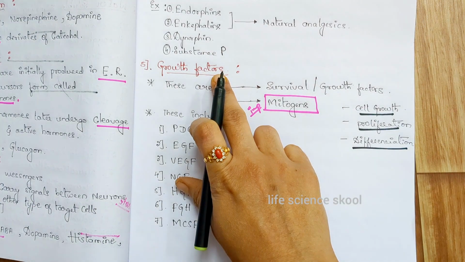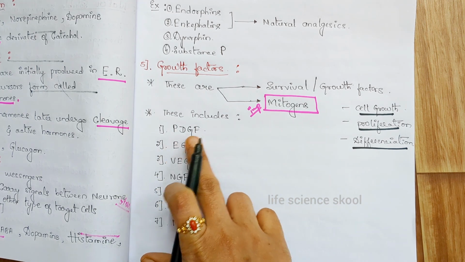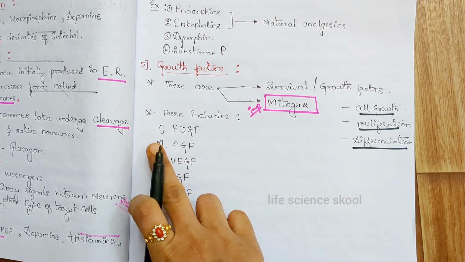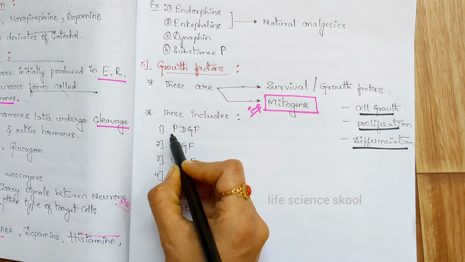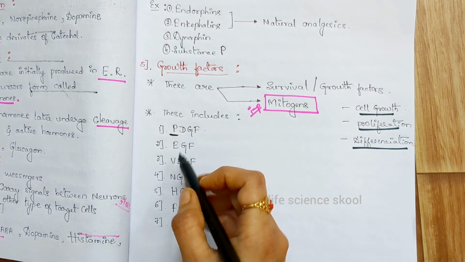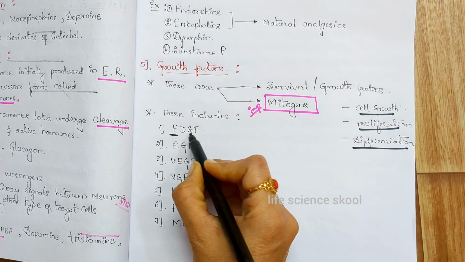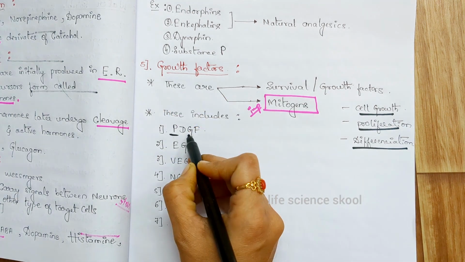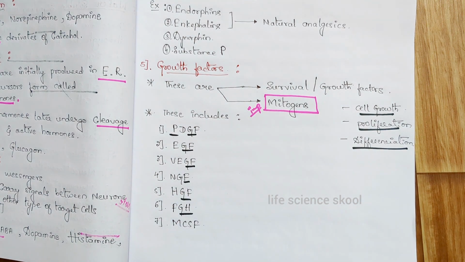These growth factors include PDGF. What is PDGF? PDGF means platelet derived growth factor. As the name indicates, platelets will be present in the blood. Next one is EGF, and don't worry, you can easily remember: GF represents growth factor here.